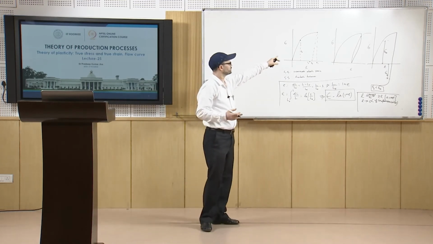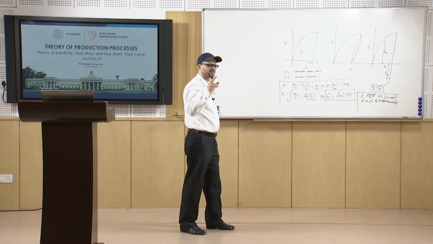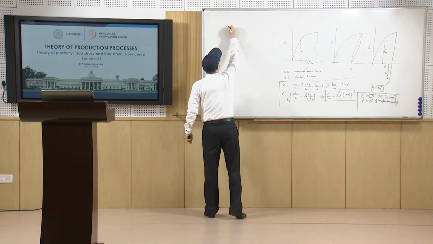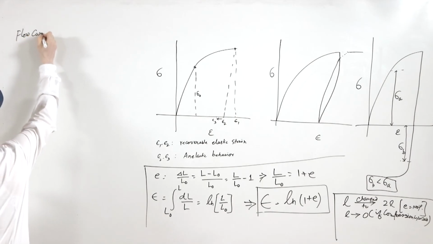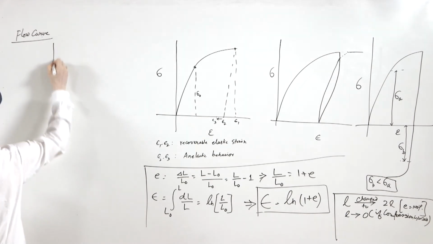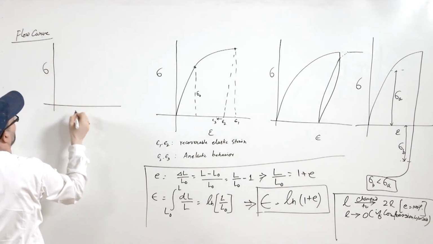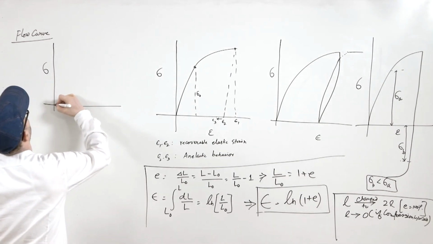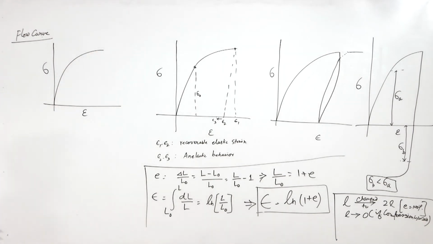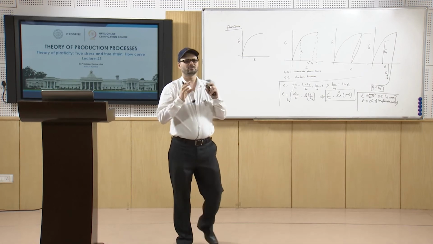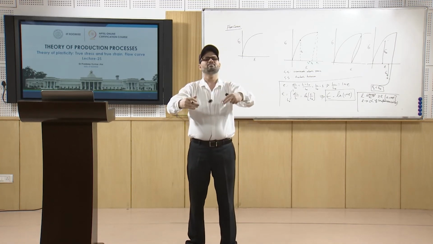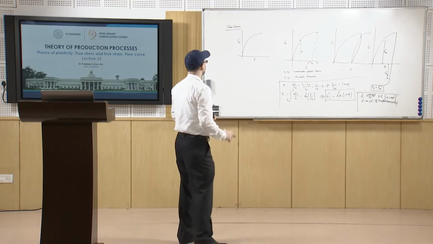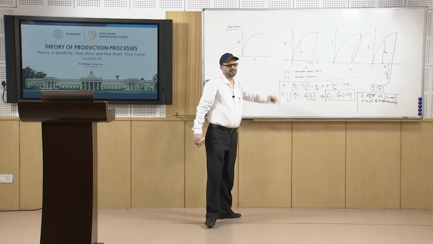This true stress, true strain curve is known as the flow curve, and typically you will get such a curve. It is known as the flow curve because you require flow stress. The flow stress determination will be there for a particular plastic strain or so. That type of relationship you may get from here.